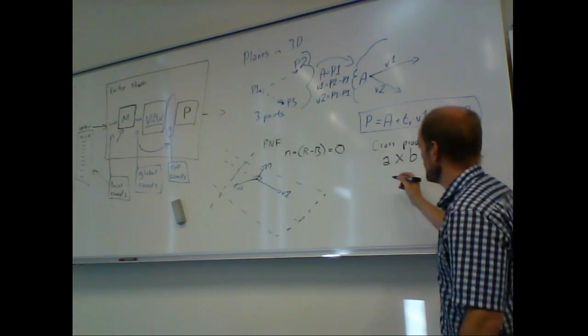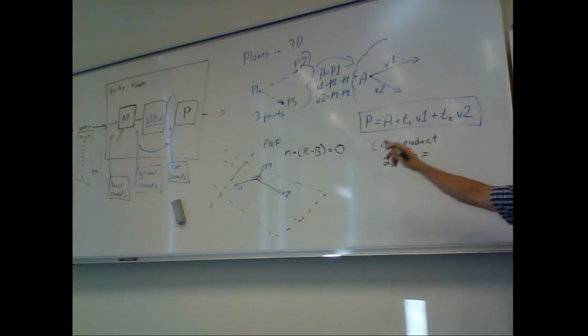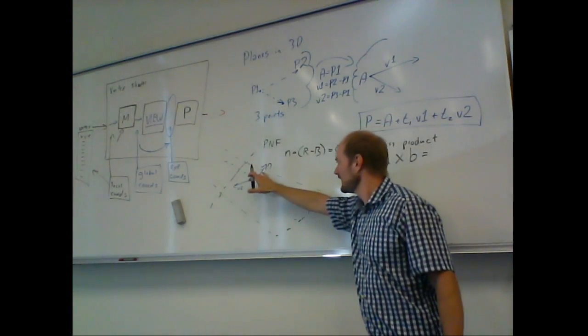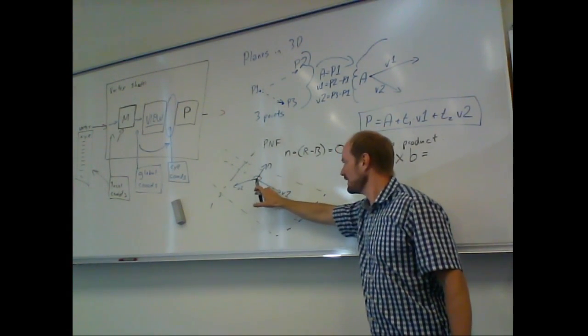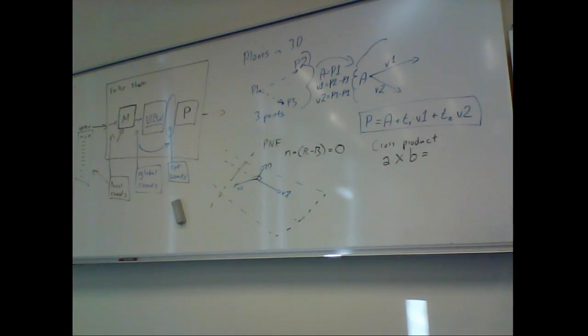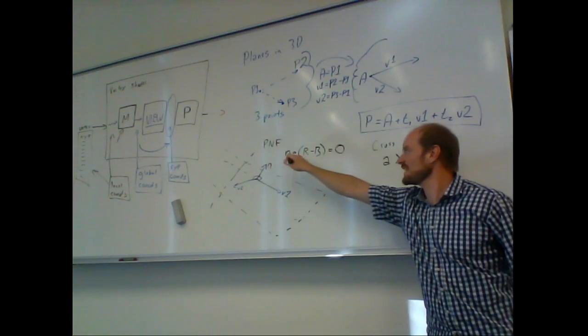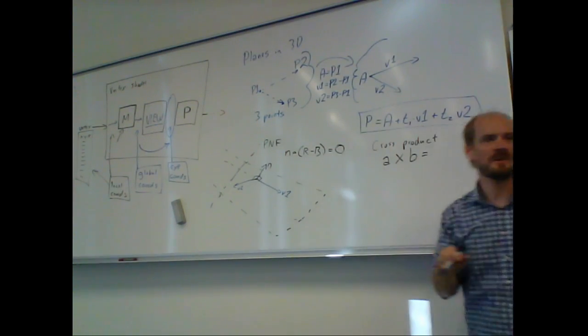However, we can say the cross product... how can I write mathematically that the cross product and one of the vectors that the cross product is taken of are perpendicular? Like, how can I mathematically write that one vector is perpendicular to another vector? Well, like here, this is saying this vector and this vector are perpendicular, right?